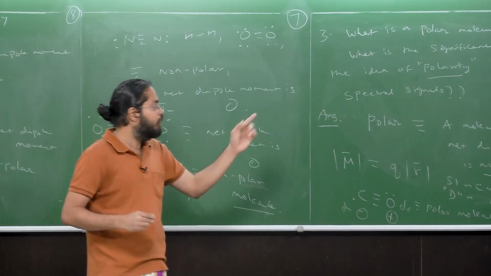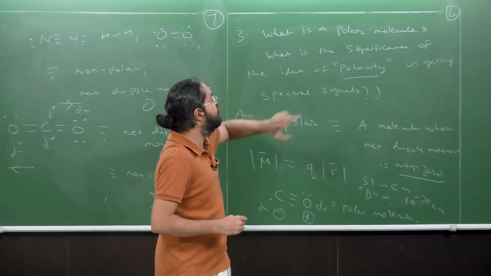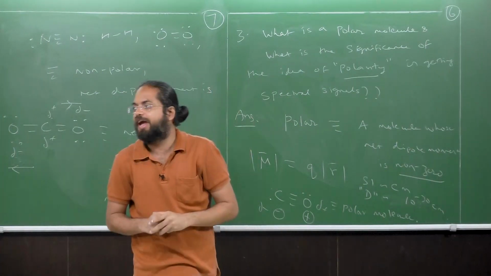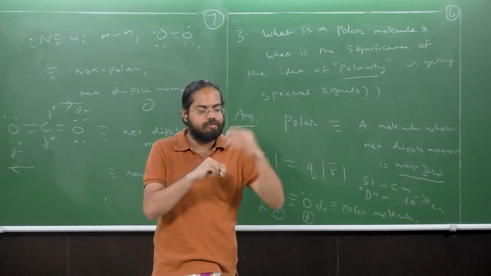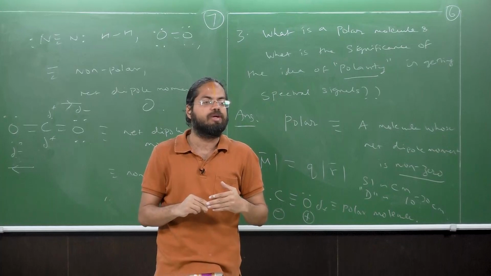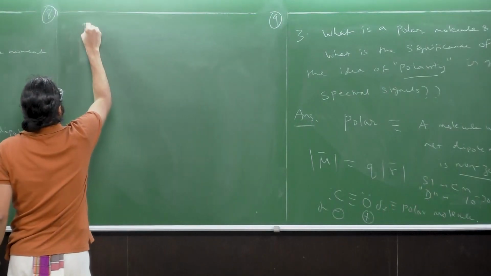Now we come to the next part of the question. The next part of the question is, what is the significance of the idea of polarity in getting spectral signals? Let's discuss this step by step. Let's start off with rotational spectrum. So, polarity and spectra.